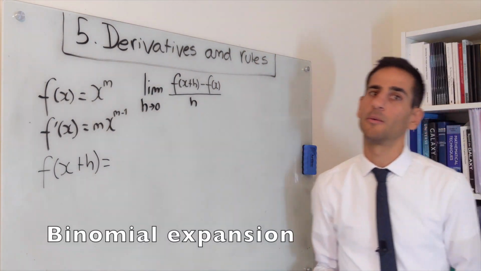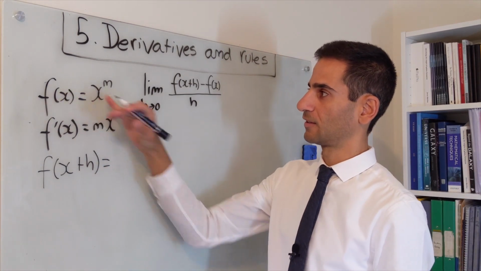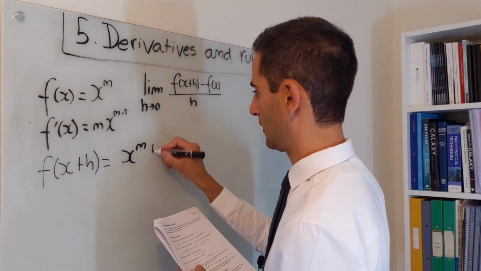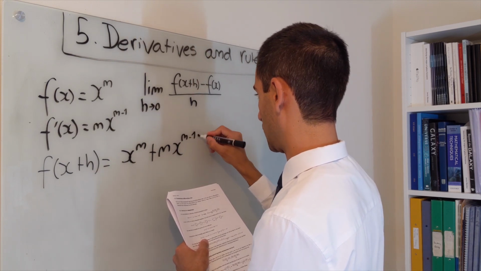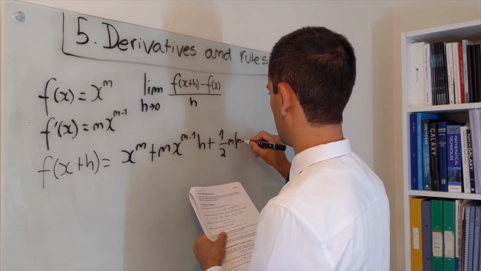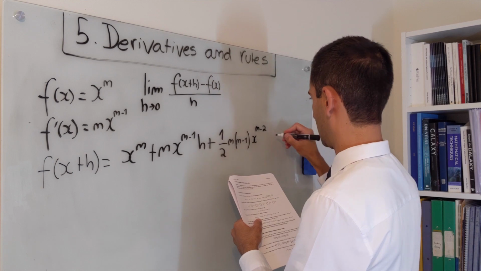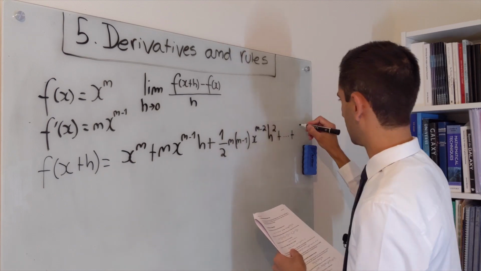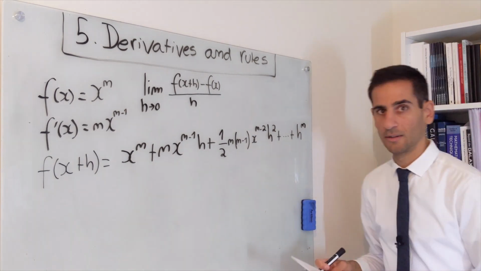So this is where the binomial expansion really comes in, and we can write this, if f(x) is x to the power of n, as x to the power of n plus n x^(n-1) times h plus 1/2 n(n-1) x^(n-2) h to the power of 2, all the way to the final term, which should be h to the power of n.